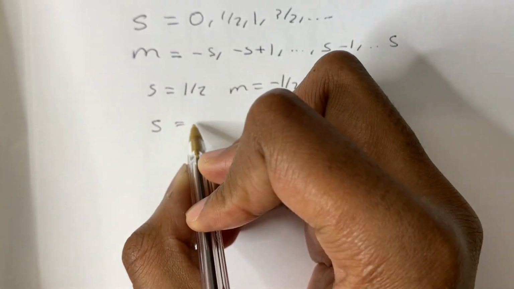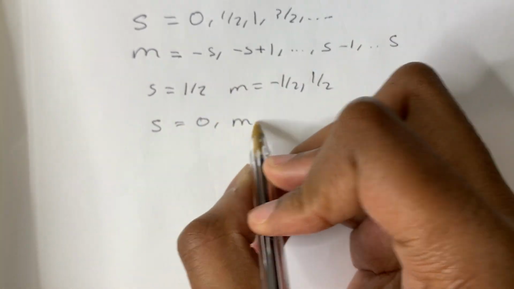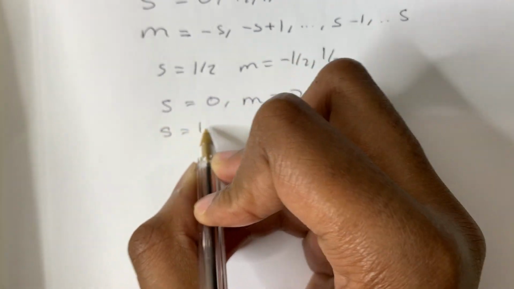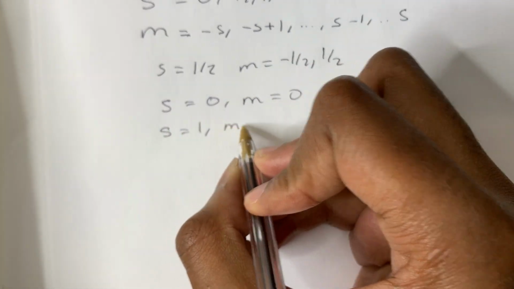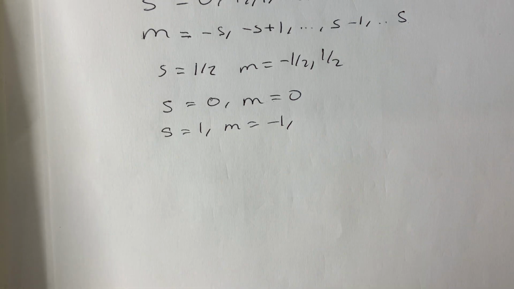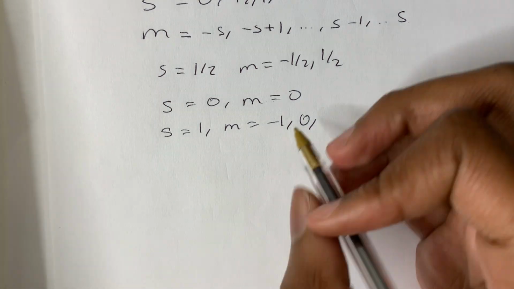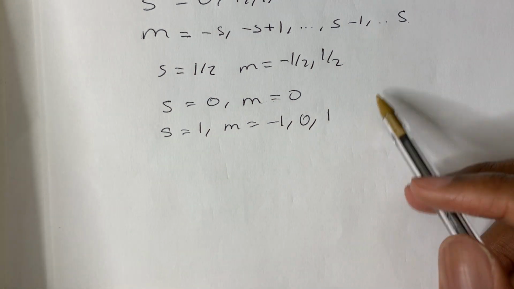Say s is 0. Well, then m can only be 0, right? Say s is 1. Well, then m can be minus 1, then minus 1 plus 1, which is 0, 0 plus 1 is 1. So m is constrained by s.